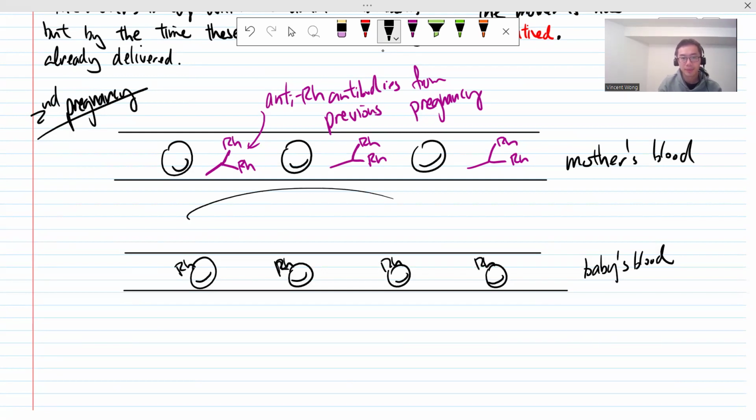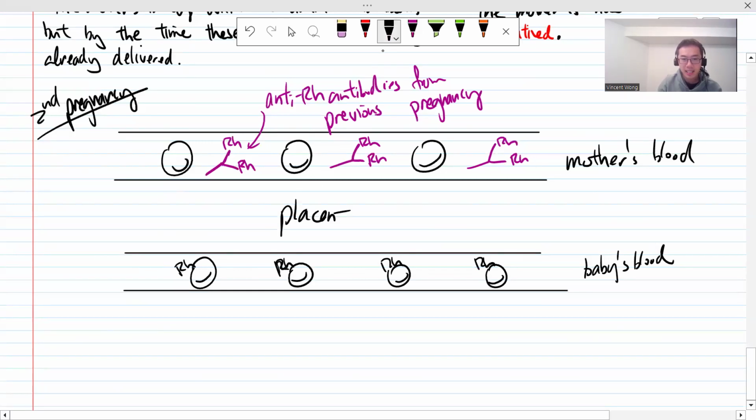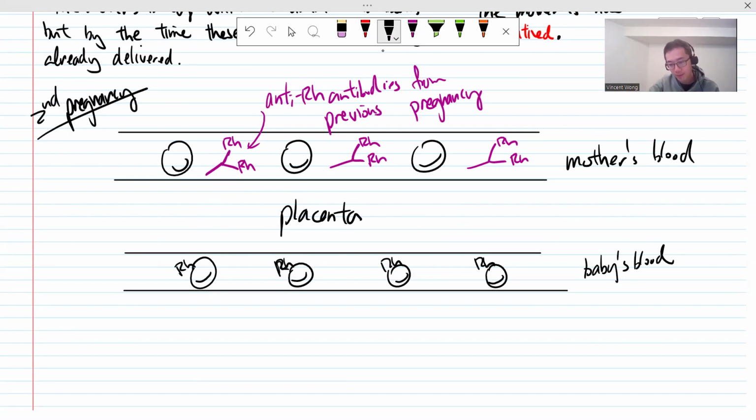Again, the placenta is going to separate the blood. What the placenta does not separate are the antibodies. These antibodies will cross the placenta and go into the baby's bloodstream. They will cross-react with the baby's RBCs and attack them.